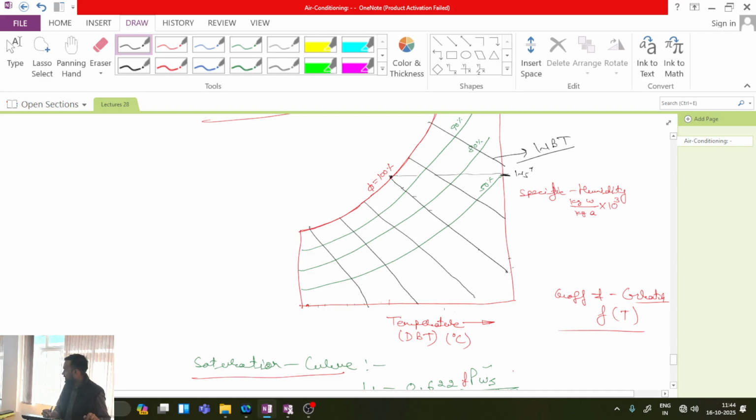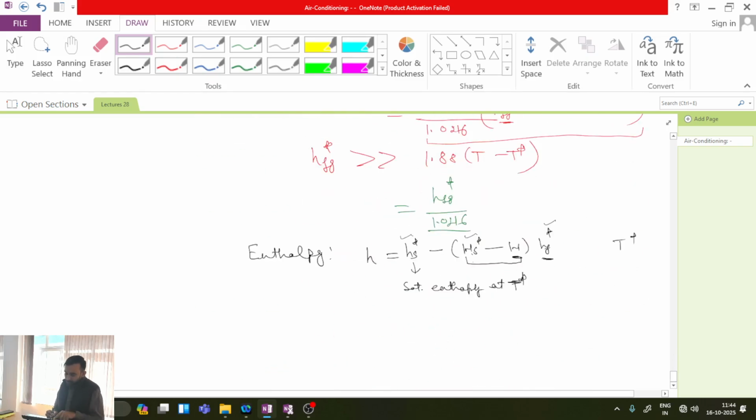Now as you move along the line, your W value is decreasing, so overall your WS star minus W is increasing. And it is HS star minus this.